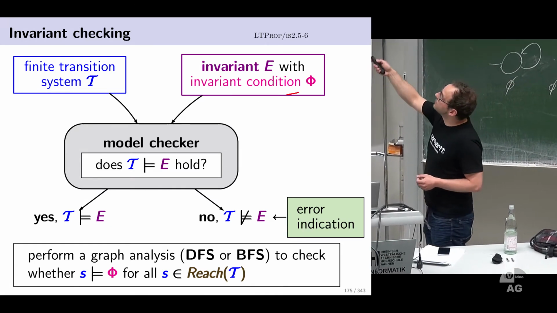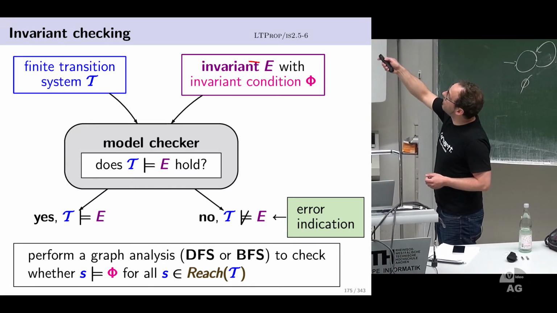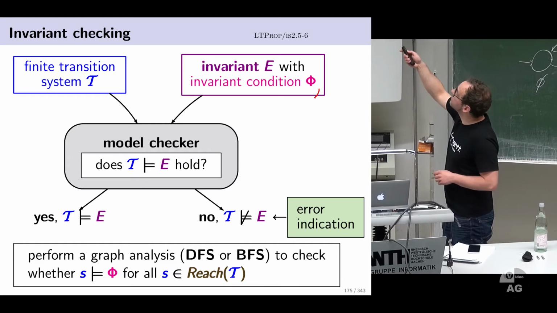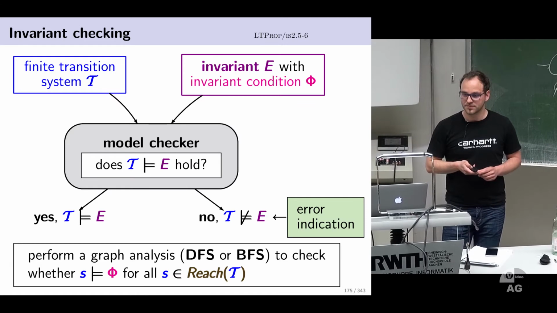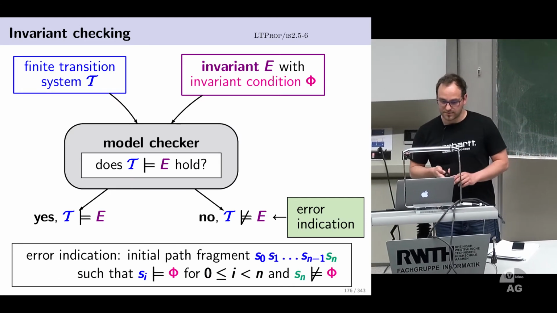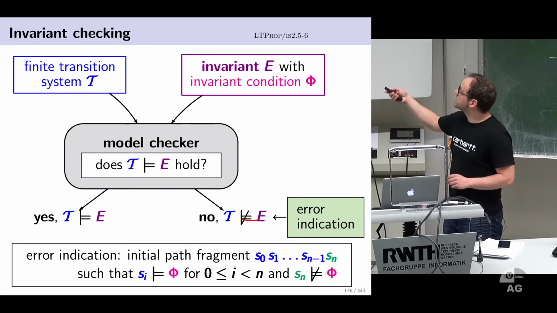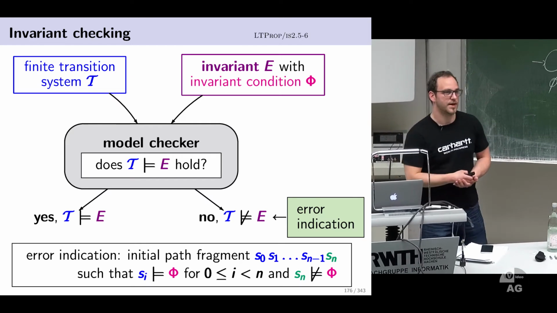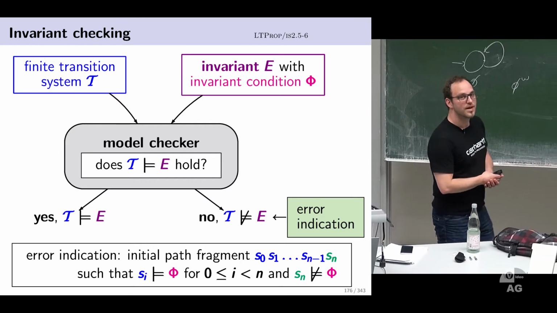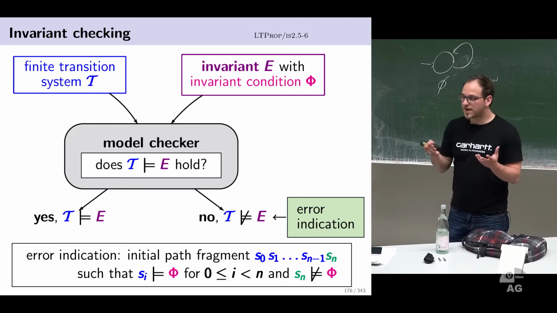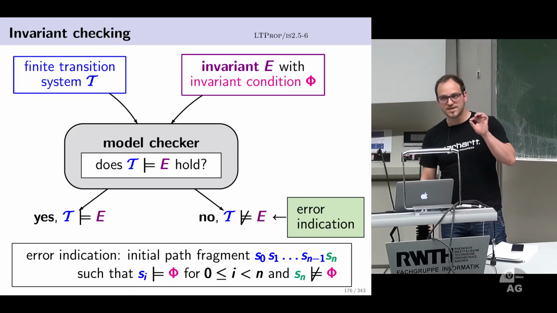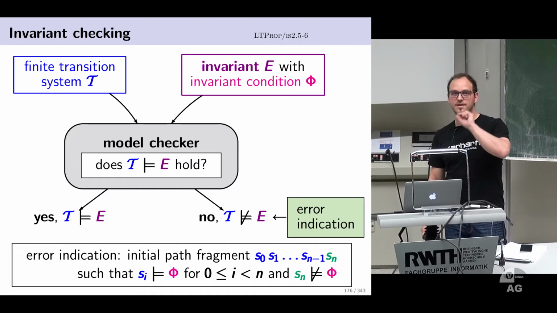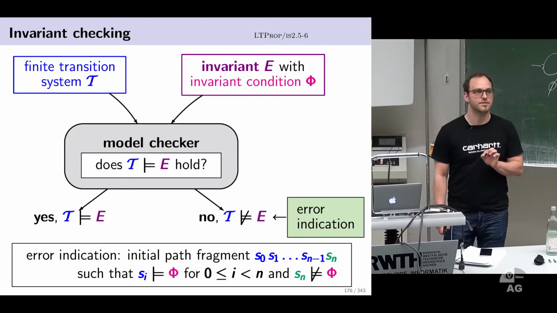And because we have the specific setting of E being an invariant, we will assume that we have the invariant condition at our hands. Okay, so first of all, what might a counterexample look like? If you can derive that a transition system does not satisfy an invariant, it means there was some reachable state that violates the invariant condition, right?